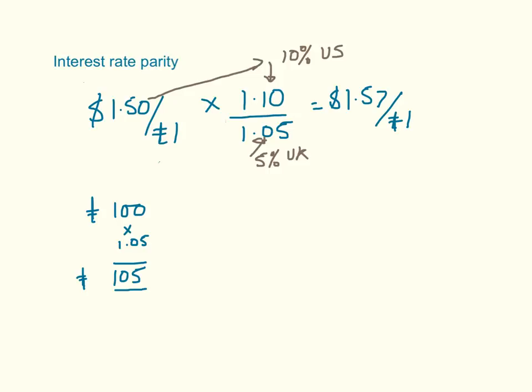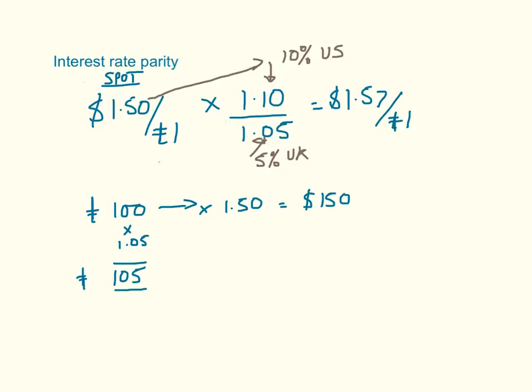Now, alternatively, what if you converted the sterling to dollars and you used the spot rate? Okay, that's today's rate, remember. So if you converted sterling to dollars today, you would end up with $150.